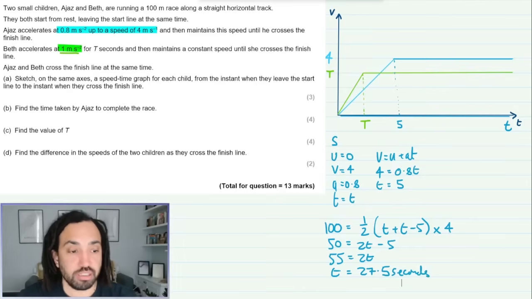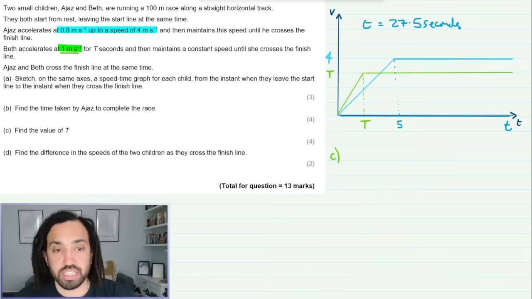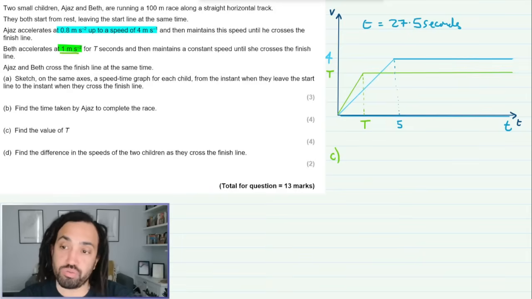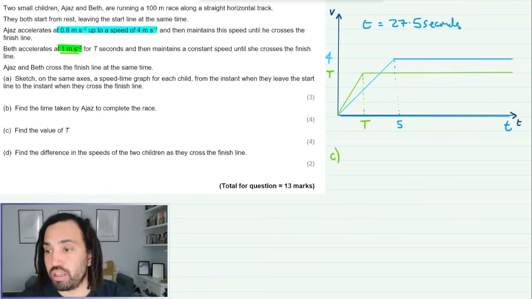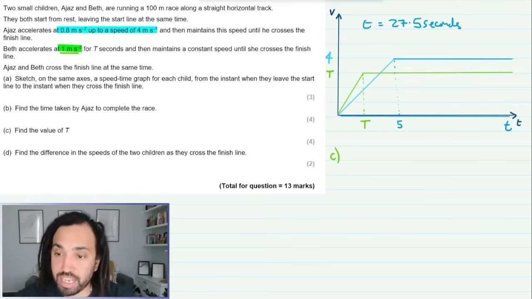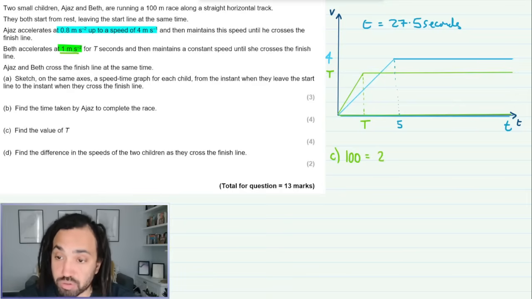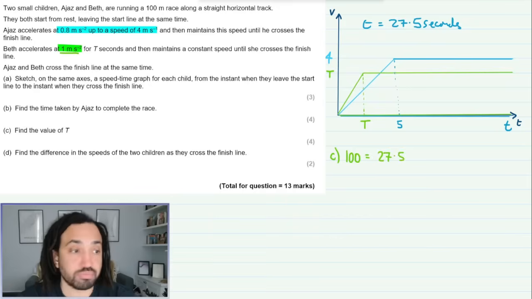Okay, perfect. Part C has asked me to find capital T, so I need to look at now the green trapezium. So again, we know that the area of it will equal the total distance travelled, which is 100. So let's look at this parallel side. That will be the whole time of the race, which we know already is 27.5.